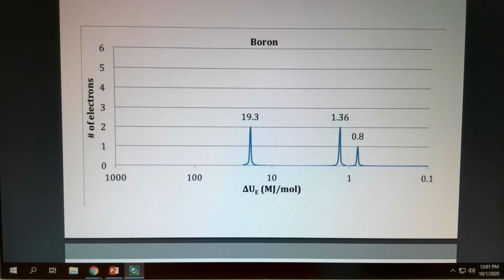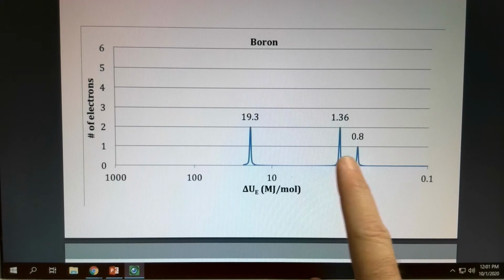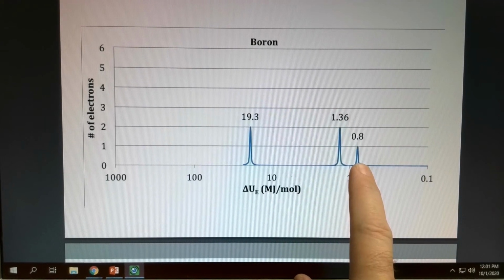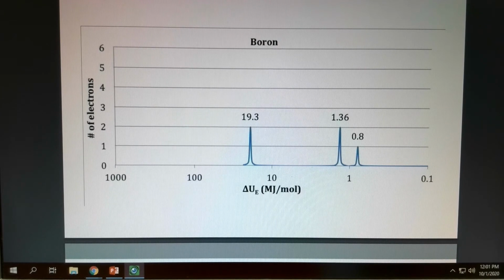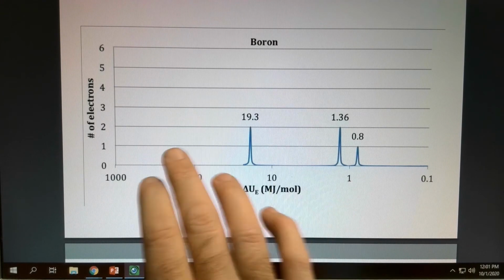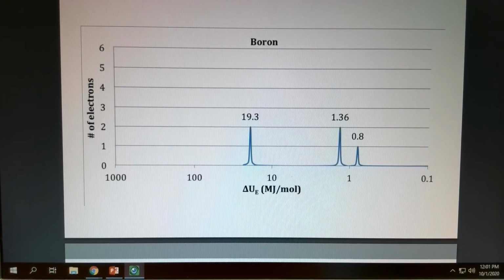So now we get to the 2p for boron. So this is kind of another way that we can represent electron configuration. So here we have this little peak, that's your 2p, 1s, 2s, 2p. Okay, and there's only one electron because, again, boron just has those 5 electrons. So if you count up all the peaks, 2 for each of these and one of those, 5 total electrons, that's how many boron has. That's boron's atomic number.